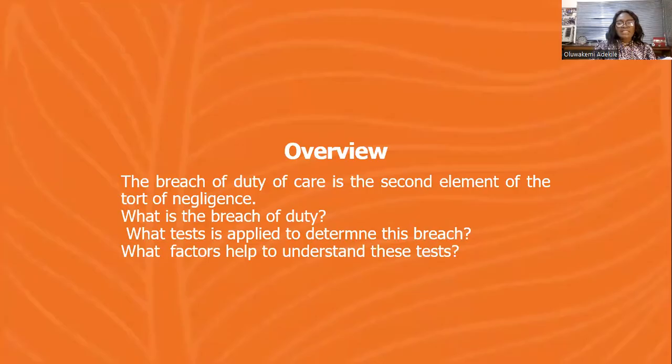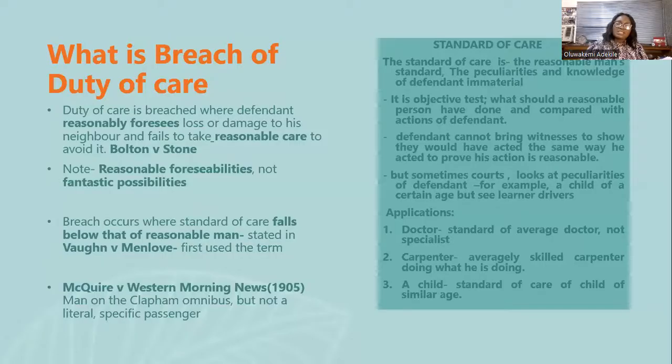So we'll be looking at the meaning of the duty of care in the tort of negligence. We look at the breach of duty. We look at the factors that the court uses to determine this breach and how to understand these factors. A breach of duty of care represents the fact that a defendant has fallen beneath the standard of care that the law has laid down, the expectations of the law in terms of his act or his omission.